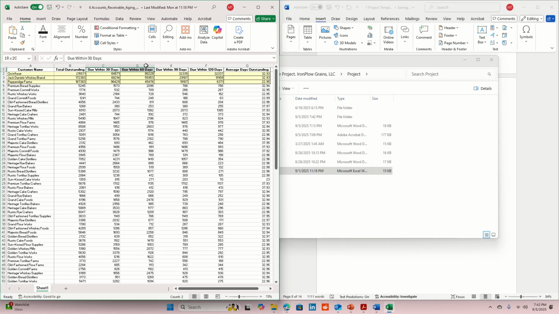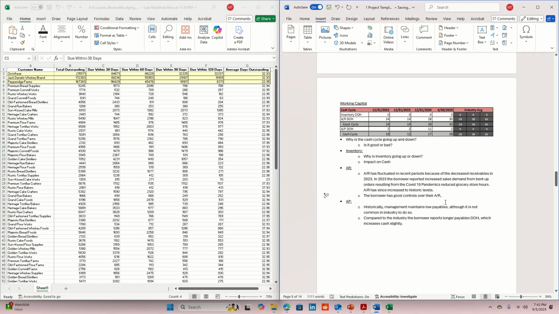They're offering terms up to 120 days. The borrower has good controls over the AR, offering terms up to 120 days to customers who mostly repay within 30 days as of year to date 2025.